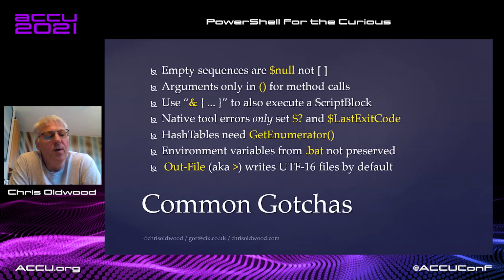So if you try and invoke a .NET method on it, you end up invoking a method on a null pointer rather than invoking a method on an empty collection. That can bite you. Arguments should only have parentheses if it's a .NET method call, not when you invoke commandlets. That's something you kind of just get used to. I mean, most stuff is now native to PowerShell, so there's less dropping back to .NET, so I think it's less of an issue.